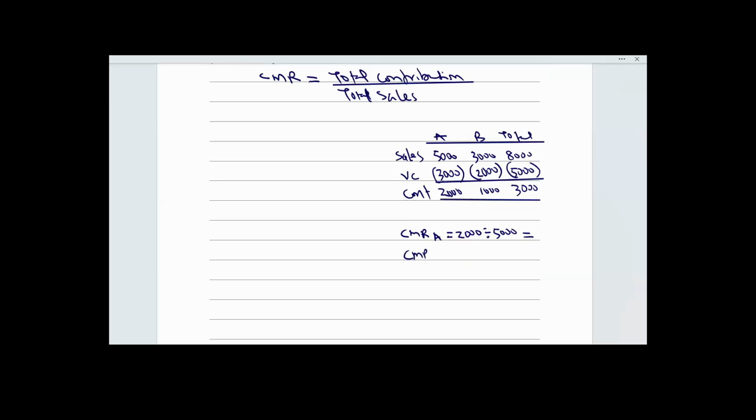Contribution margin ratio for B will be equal to 1,000 divided by 3,000. This will give me 0.333, or 1/3.